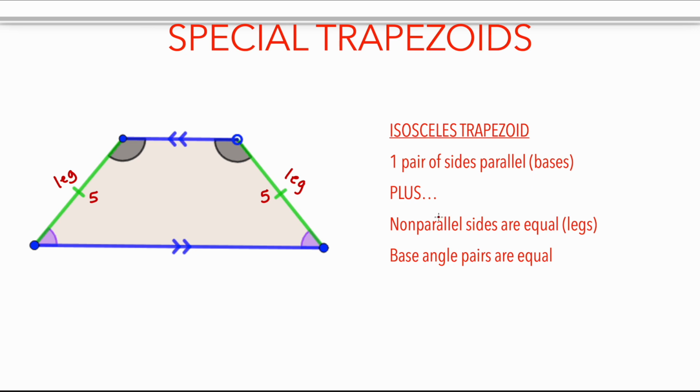And also, because the legs are equal, the base angle pairs are equal, meaning if this is 100 degrees, then the other base angle to that is 100 degrees. Not opposite angles like a parallelogram, but the consecutive base angles. So if this base angle was 80 degrees, then this angle would be 80 degrees.